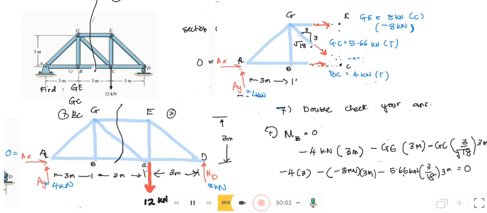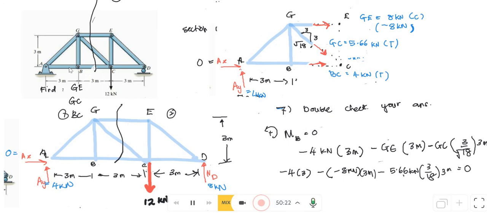Then for GE, you have to be careful, but at first you can write in general based on the sense that we put in the FBD.